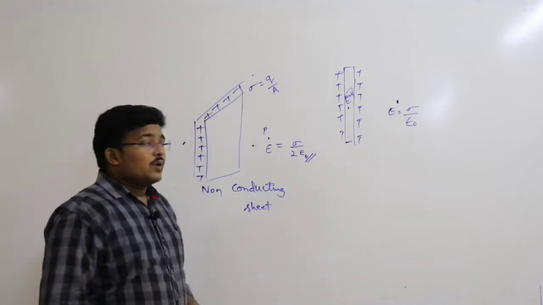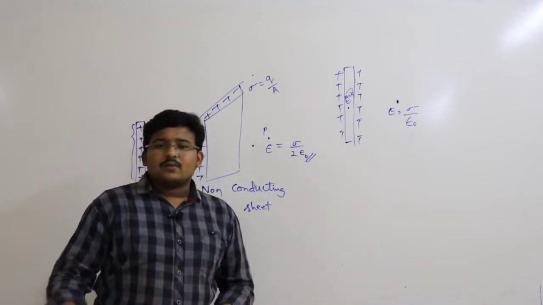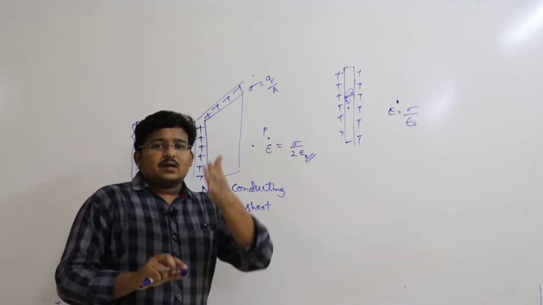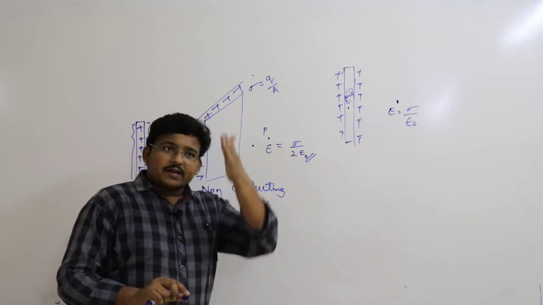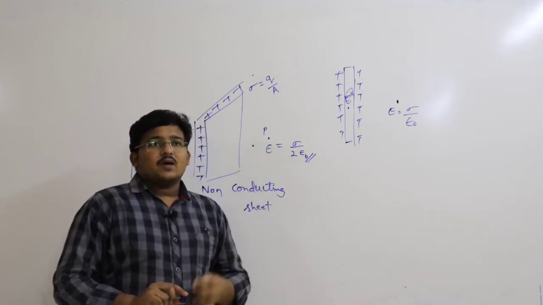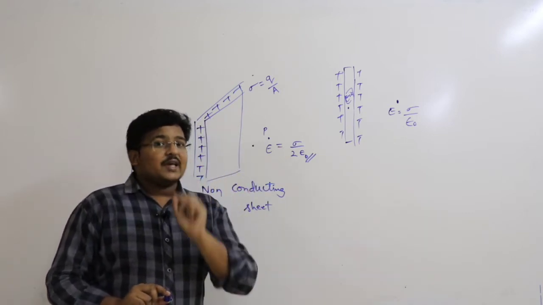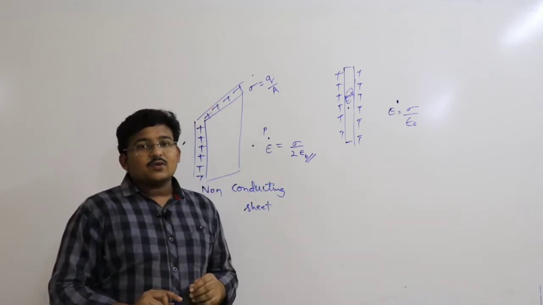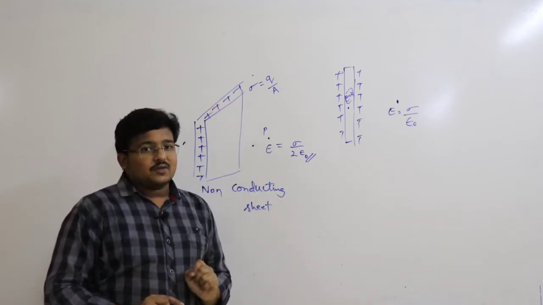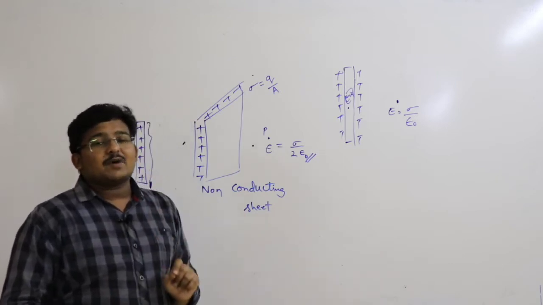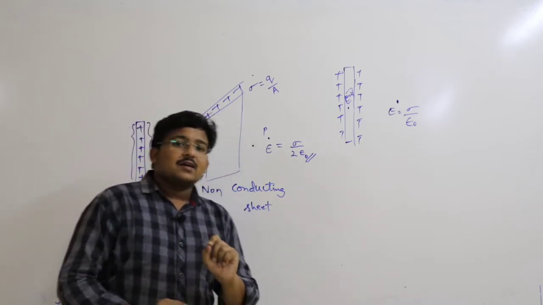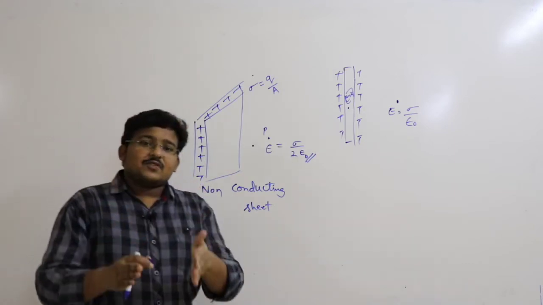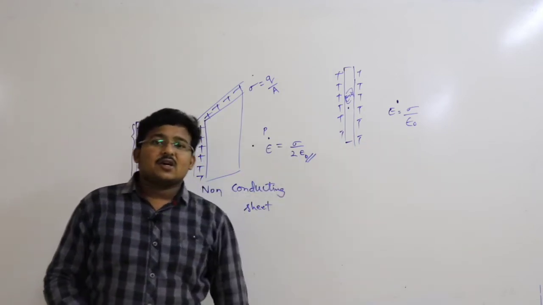Okay? Now generally, while dealing with problems, they give a conducting sheet of area capital A, which includes only one surface. In that case you can take sigma by 2 epsilon naught as the electric field. If they give both surfaces, sigma by epsilon naught.